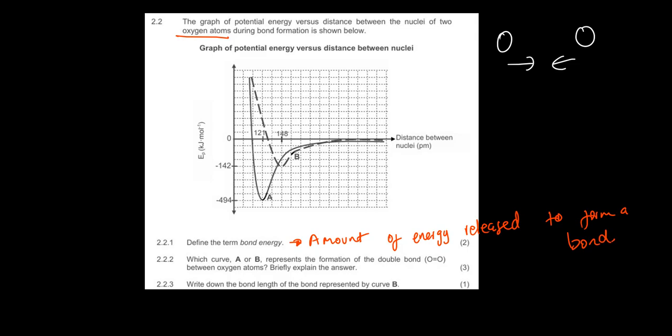And then, which curve, A or B, represents the formation of the double bond O=O between the oxygen atoms? Briefly explain the answer. So which curve do you think is the one that represents the formation of the double bond? Especially now that I know some of you did Lewis structures, so you know what a double bond is.